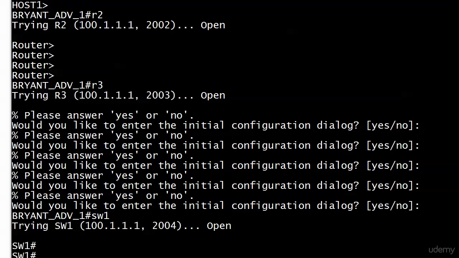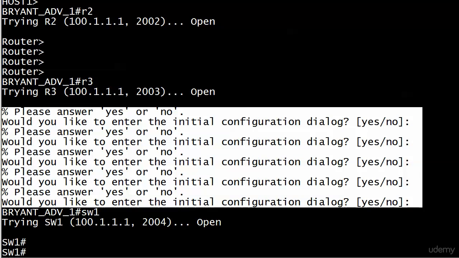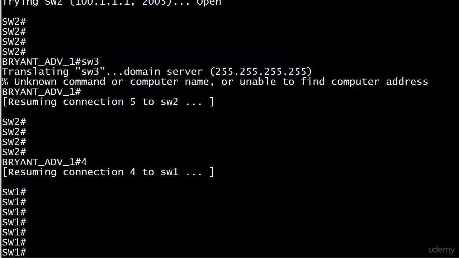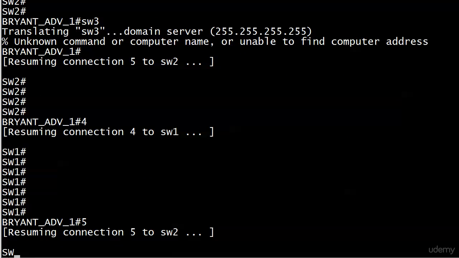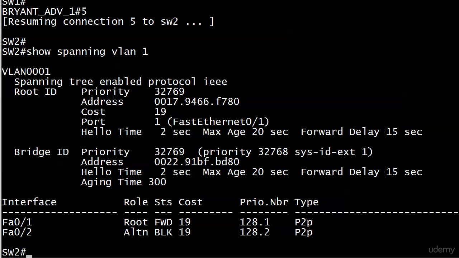And now we'll go ahead and bring up the lab, and you can see, just in case you missed it, I got a little stubborn. Apparently I was not telling the device what it wanted to know. So let's go ahead and head over to switch 2. And we can see that the bridge ID priority, we know the priority is 32769. It's going to be the same on switch 3.